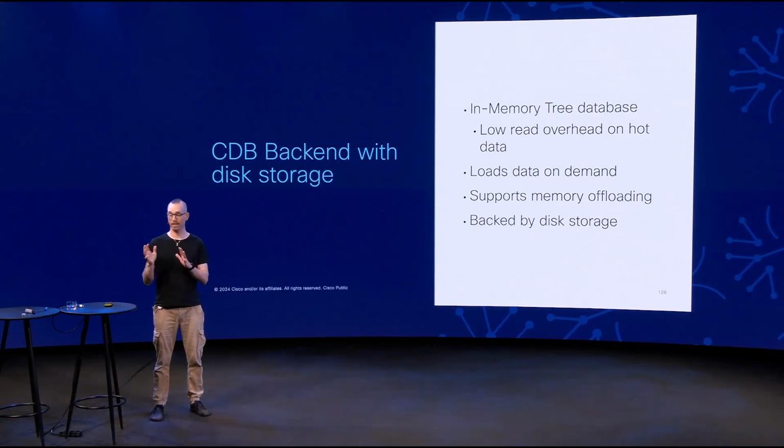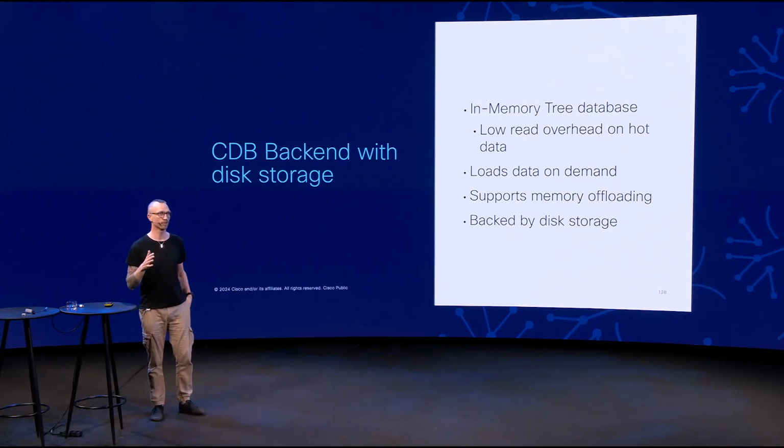However, it no longer reads the full data when it starts up. It loads data on demand. Let's say you want to access some part of the CDB. It'll figure out, oh, this is not here. It'll load it instantly, return it back, and then keep filling up relevant parts of the tree so that subsequent reads get faster.